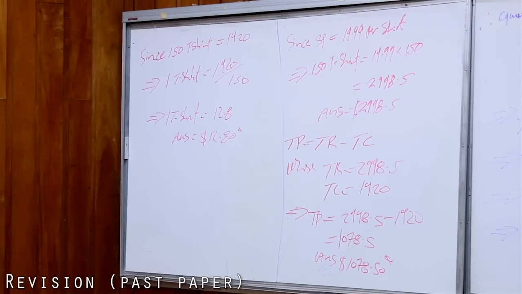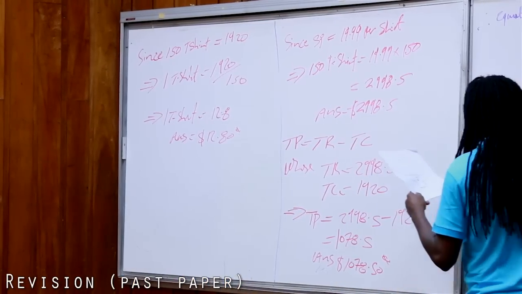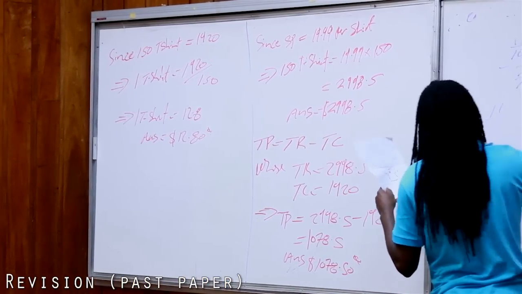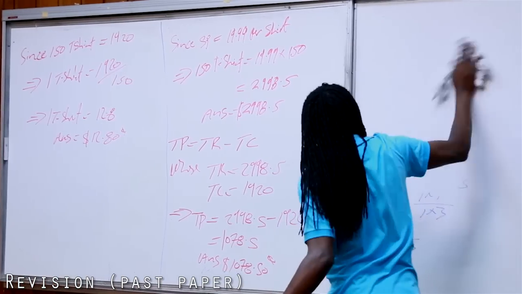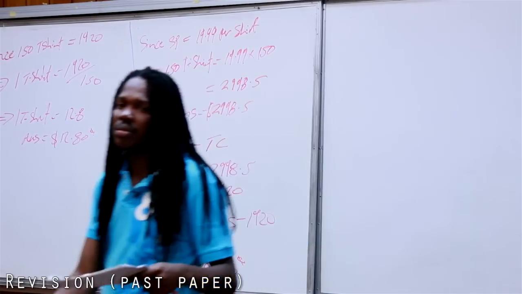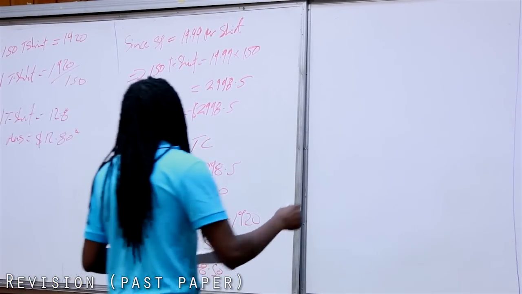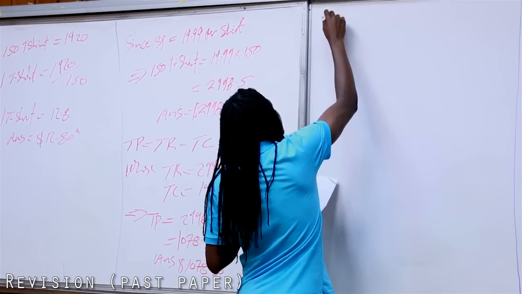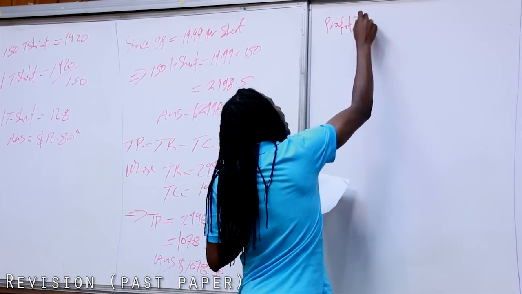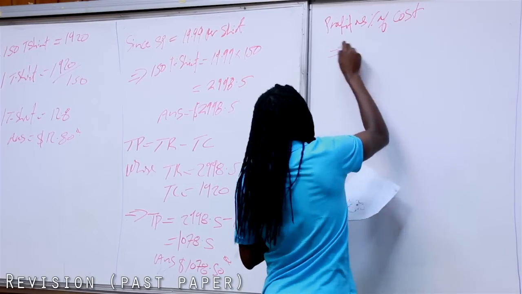The profit made as a percentage of the cost price, giving your answer to the nearest whole number. How many marks have you gone? 3, 6, 7, 8, 9 you've gone already. Profit as percent of cost. This is how you write it on the paper.